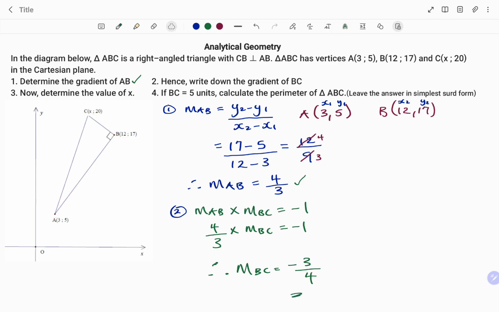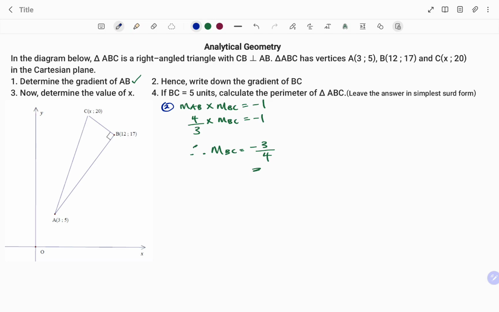The next question says we are to determine the value of x. So I have question 3. To find x, note that from the previous question, we found the gradient of BC to be equal to -3 over 4. And the gradient of the line is your change in y over change in x, that is y2 minus y1 over x2 minus x1.